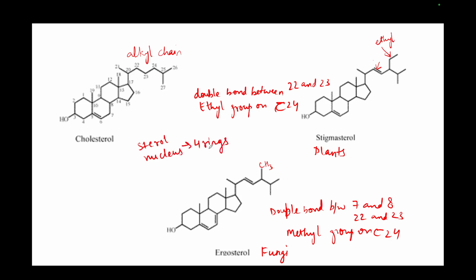So this part is the sterol nucleus, then the polar head group, and the alkyl chain. Difference in the alkyl chain makes different types of sterol. So this is cholesterol, this is stigmasterol, and this is ergosterol. I hope this is clear.